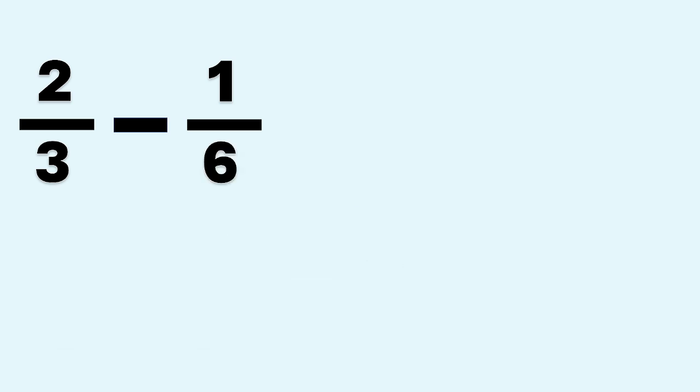Another problem. 2/3 minus 1/6. When we subtract fractions, we need a common denominator. We have here 3 and 6. So we can't subtract. The first thing we need to do is to find a common denominator, by finding the least common multiple. Let us find the LCM of 3 and 6.